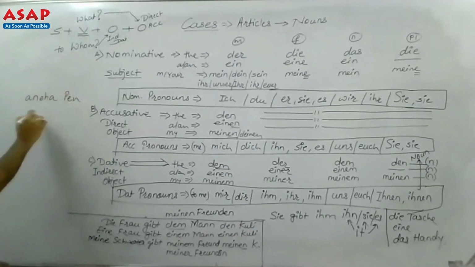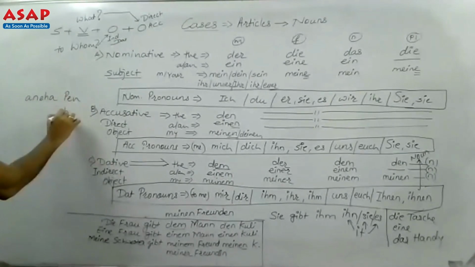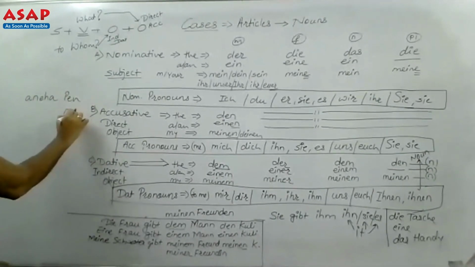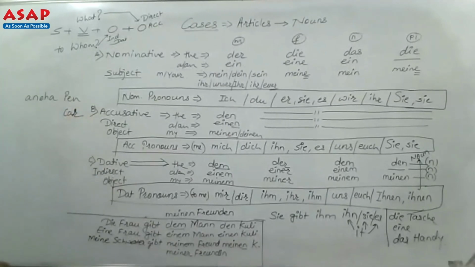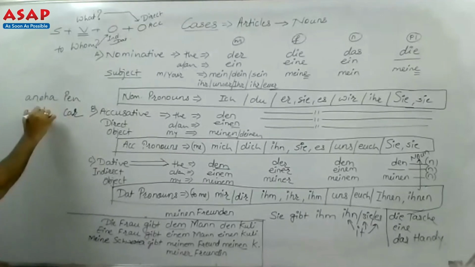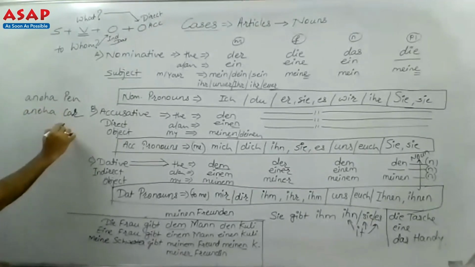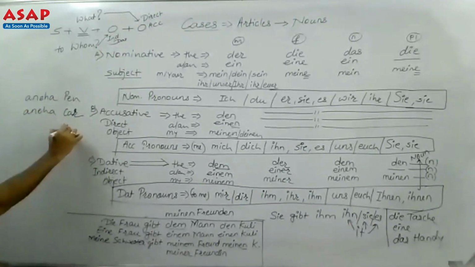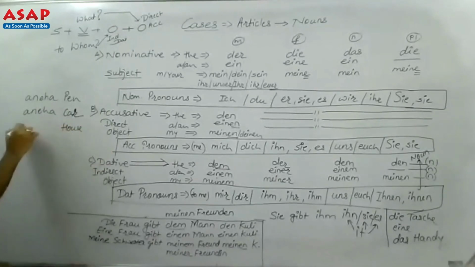Pen. Okay. So how do you say bag or car? How do you say "that car"? Spell it. Same. And how do you say house? Same. Okay.